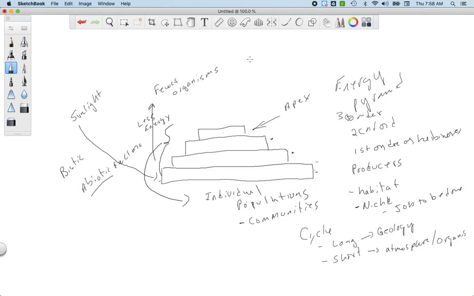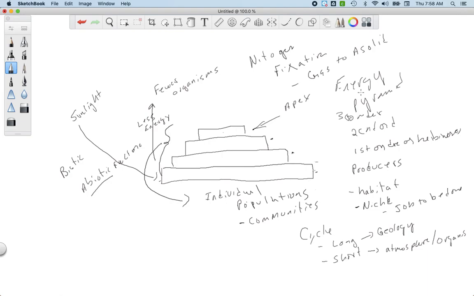And speaking of nitrogen, we should talk about nitrogen fixation. And nitrogen fixation means going from a gas to a solid. Remember when we talked about carbon fixation in photosynthesis, we took carbon dioxide out of the atmosphere, which was a gas, and converted it into glucose, which was a solid.